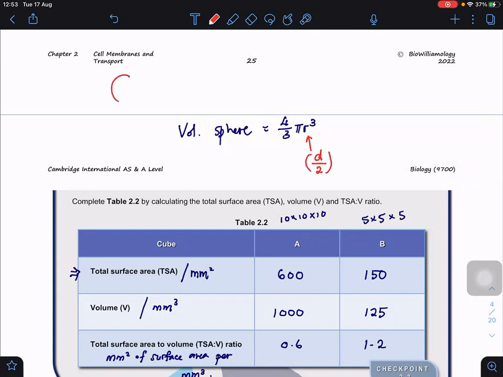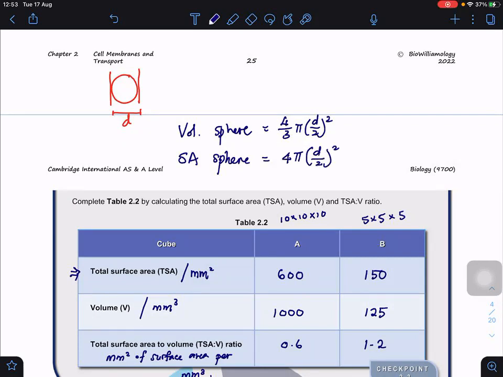If I have a sphere like this, I can use a ruler, make it parallel, then measure the diameter. We cannot measure the radius because we do not know where the center is. So I change the formula: the volume equals 4/3 pi (d/2) cubed, and the surface area for the sphere equals 4 pi r square, so 4 pi (d/2) square.